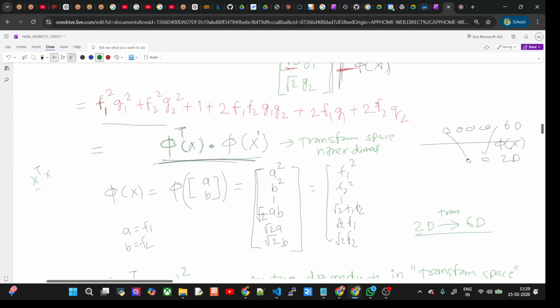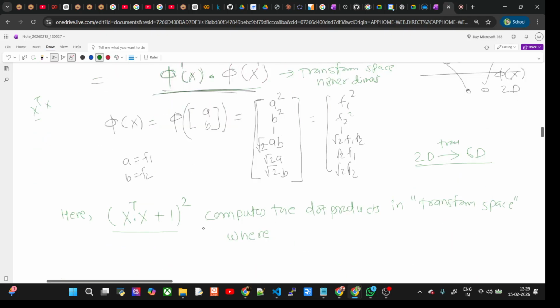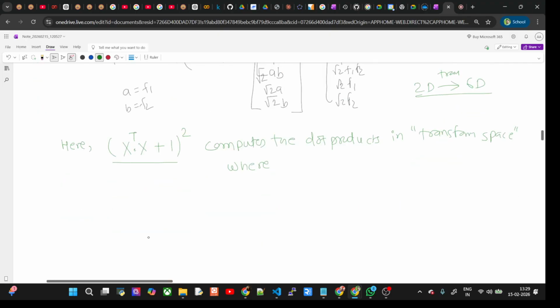So this (x transpose x + 1) squared actually computes your dot product in the transform space where f1 and f2, whatever your f1 f2 is, get mapped to f1 square, f2 square, 1, root 2 f1 f2, root 2 f1 and root 2 f2.